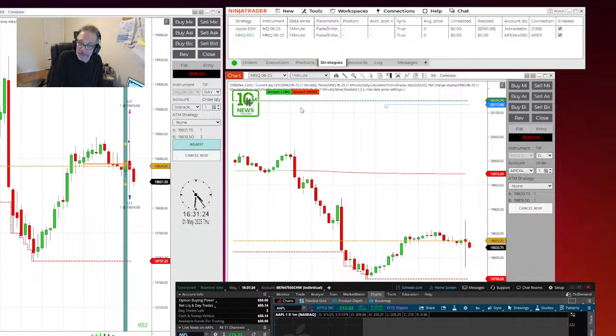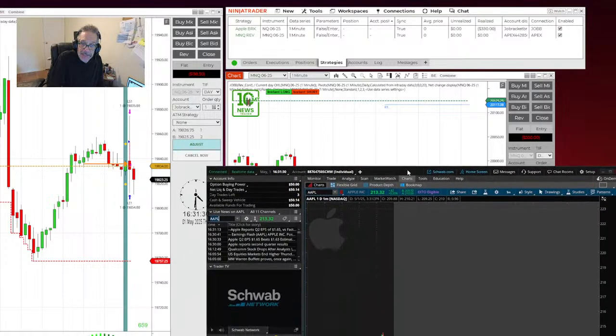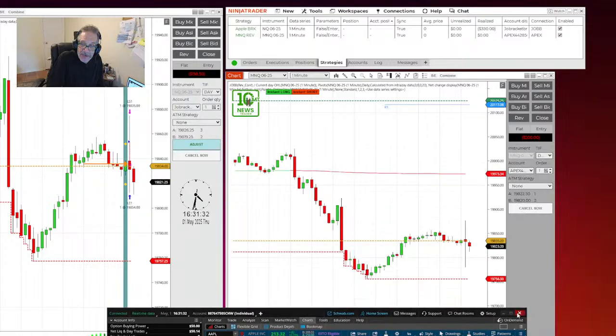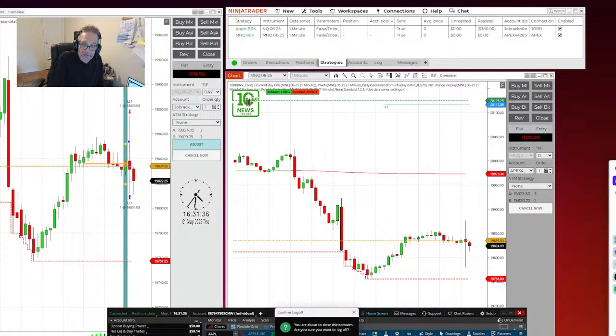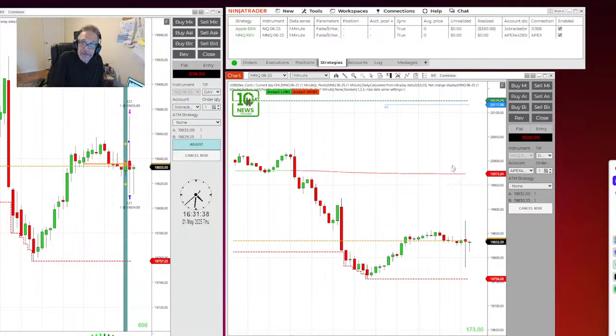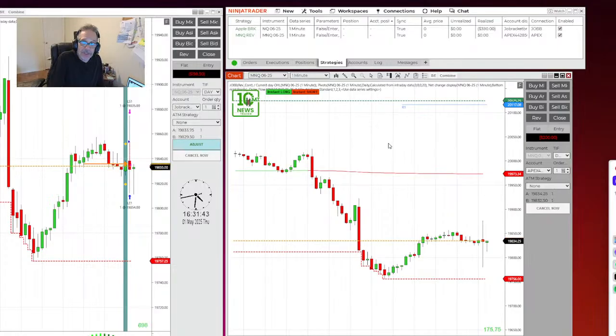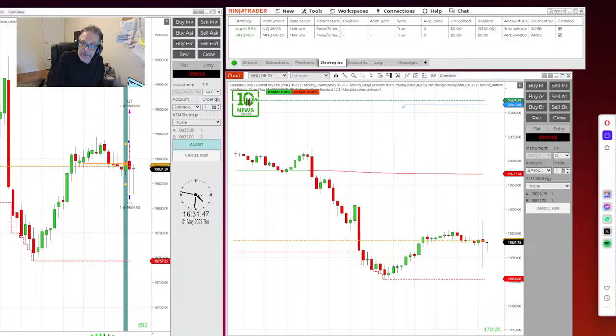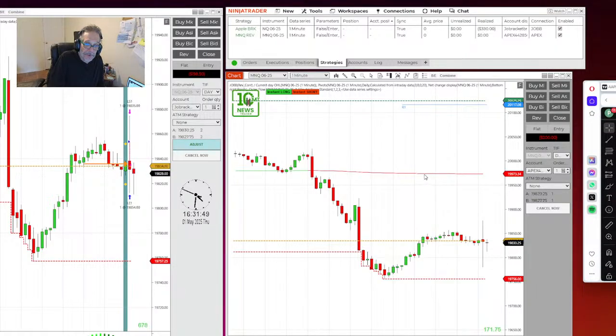I may not jump in at all. I don't really need this anymore because I've got it on my TradingView chart. So if I want to trade a scalp, I'll do it in the MNQ. And right now, I don't see a real positive direction one way or the other.